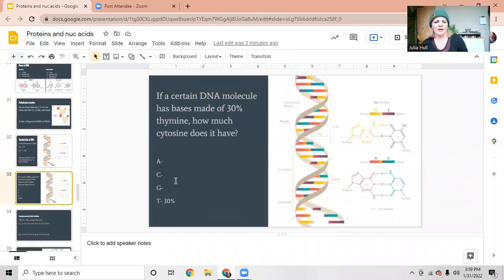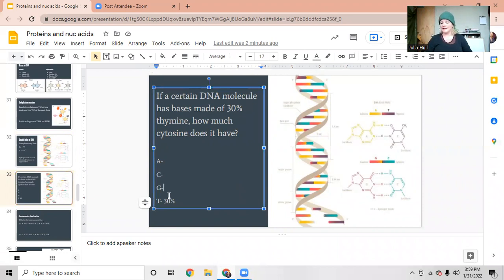Where are we? Here. Okay. So we know that A's and T's always match up with each other, right? So if there's 30% T's, we know that there also has to be 30% A's.